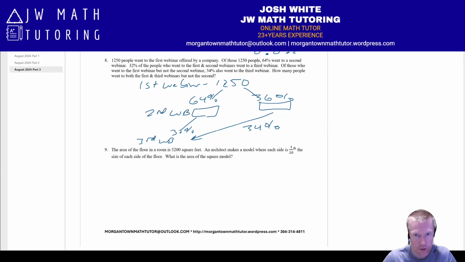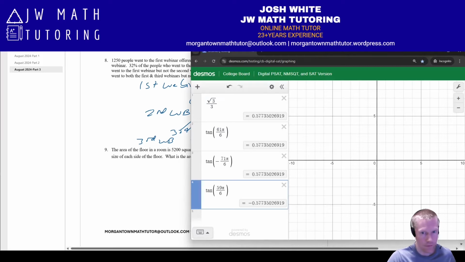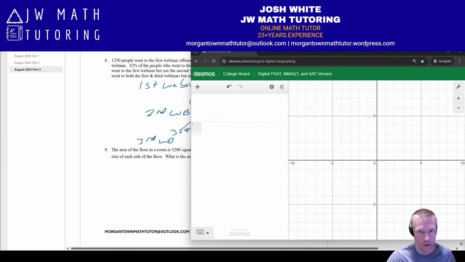Okay, so on this one, all we have to do is calculate, first of all, 36% of the 1250. So that's going to be 450 people. And just so you know, with percentages too, you could actually type it in like this if you want to.